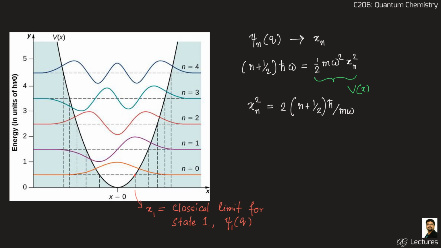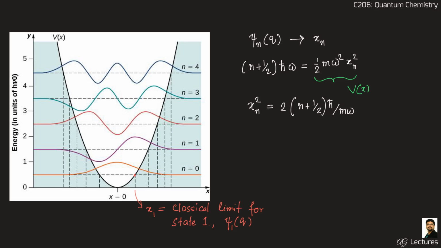I'll be thinking as if my quantum oscillator also follows this classical rule, that it cannot escape the boundary given by the classical limit. Although it is not true, you have a very feeble, very quickly dropping wave function penetrating into the classical forbidden zone.